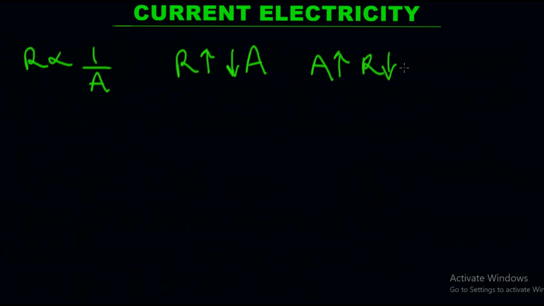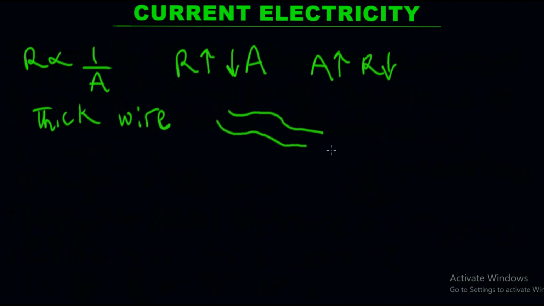So meaning that if you have a thick wire, the thick wire has a large area. This is what I mean. Let's say something like this now. Say this is a wire. Just assume this is a wire. And this is another one.